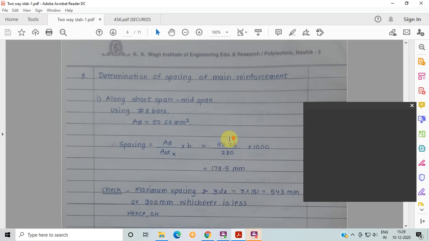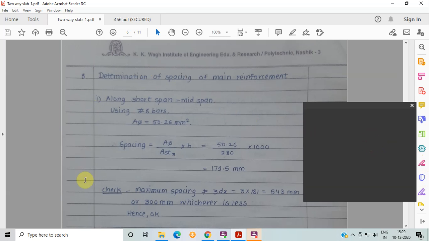So let's move to the table of shear reinforcement. Yes, this is the table by using which we can calculate tau c value.